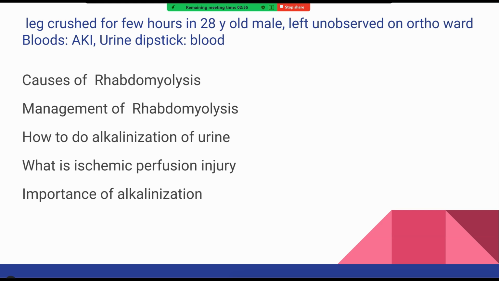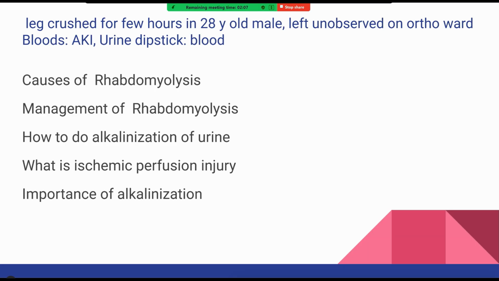So how will you manage rhabdomyolysis? Okay, rhabdomyolysis can be managed by giving a lot of intravenous fluids, rapid and super hydration with the aim of achieving very high urine output of up to 300 ml per hour in order to wash out the myoglobin that might precipitate and accumulate in the kidneys and cause acute kidney injury, and then also alkalize the urine.